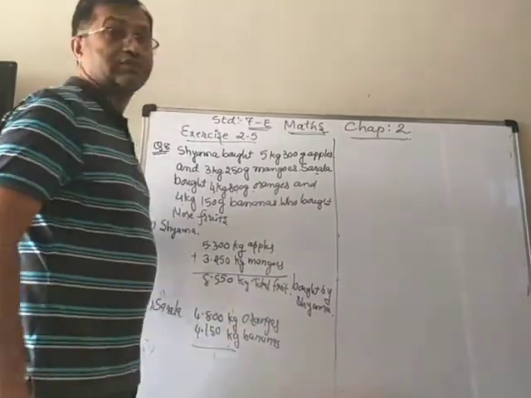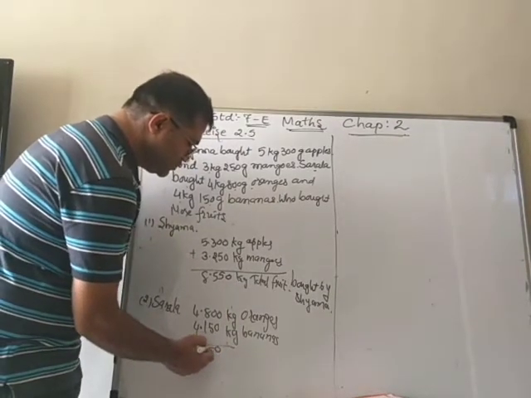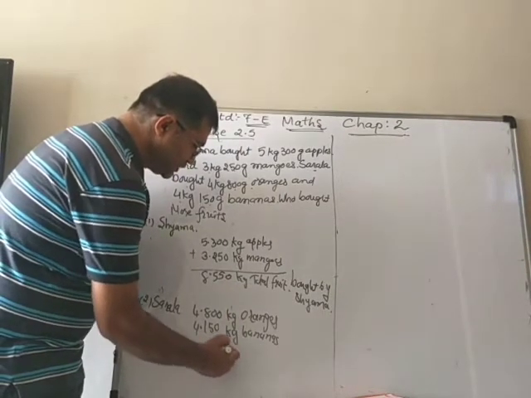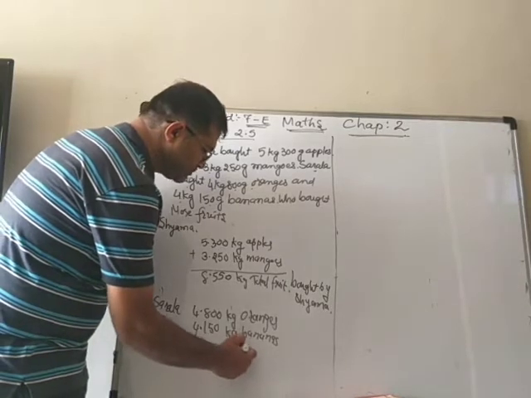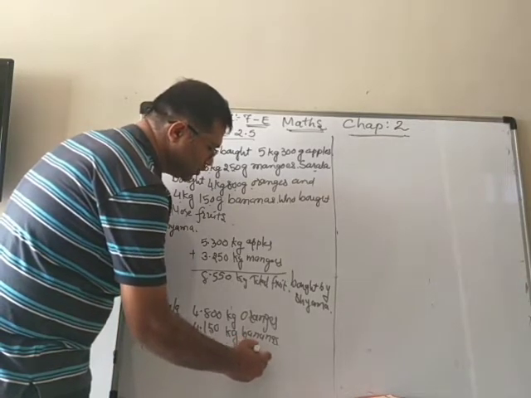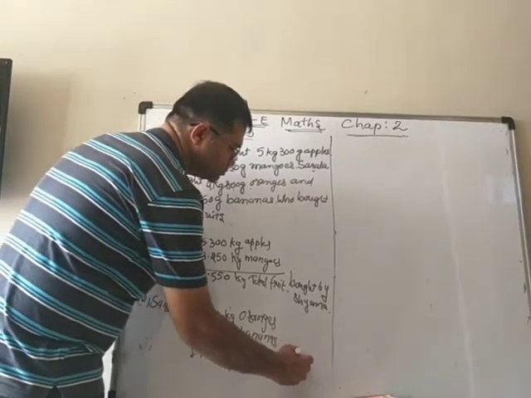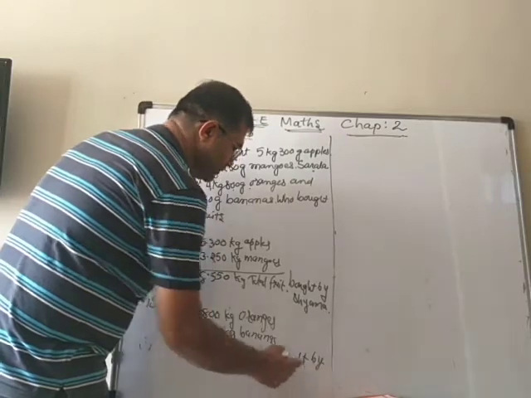So now we have to add them: 0, 5, 9 and 8. 8.950 kilogram. Total fruit bought by Sarala.